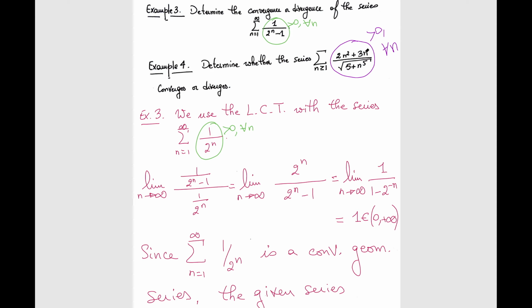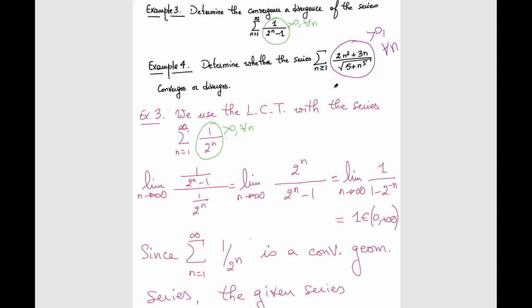And I'm going to compare it to another series, which I know if it's going to converge or diverge, whose terms are also positive, and I'm going to employ the limit comparison test to deduce whether this is going to converge or diverge.